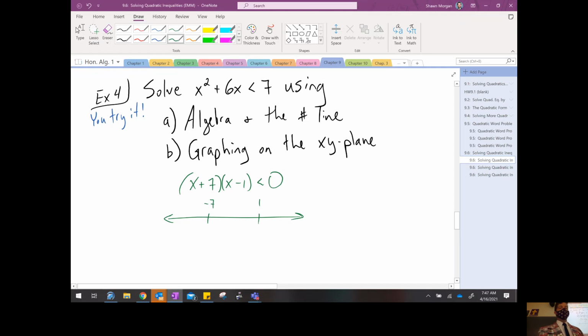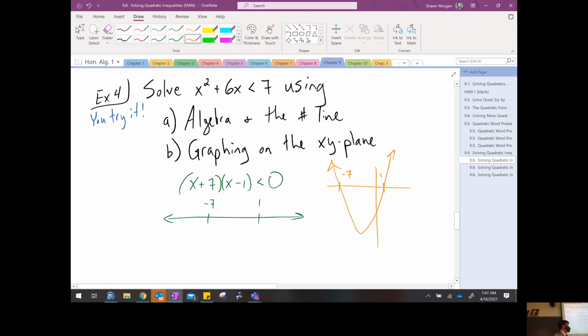If you did not, then I'm assuming your alternative approach was to graph the parabola, which looks like that. Again, having the same two partitions, -7 and +1. What's another way of saying less than 0? Negative, graphically speaking. Louder.